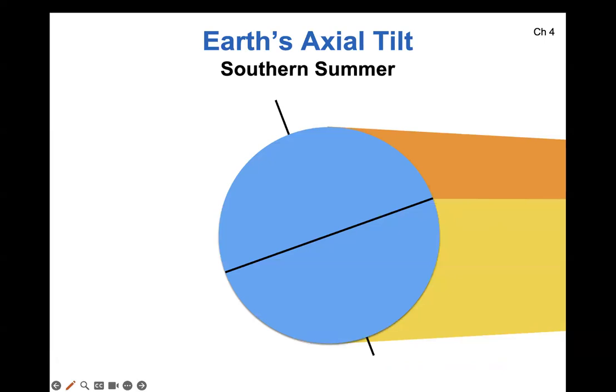The Earth's axial tilt, just zooming in on the same figure as before, so that we can show clearly what's happening here with the sunlight. This little white arc represents the latitudes from the pole that include the Arctic Circle.